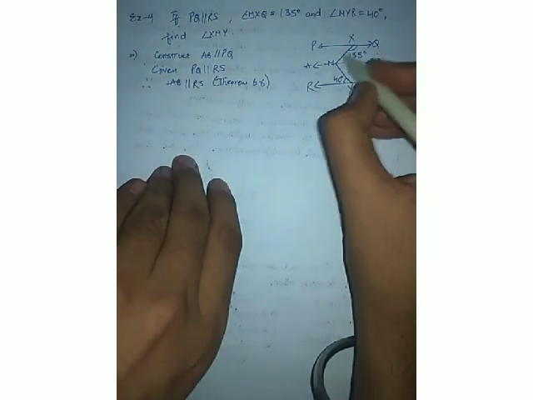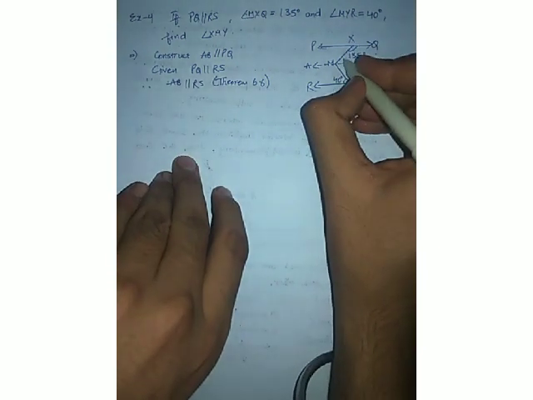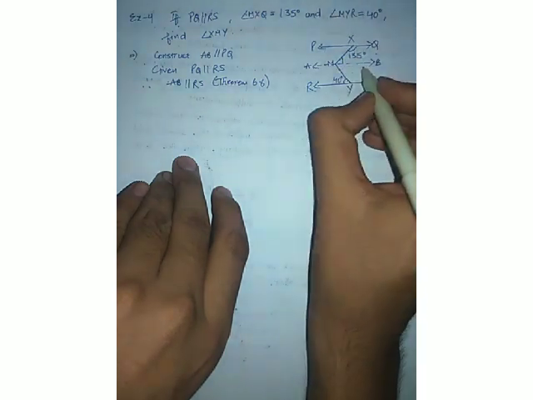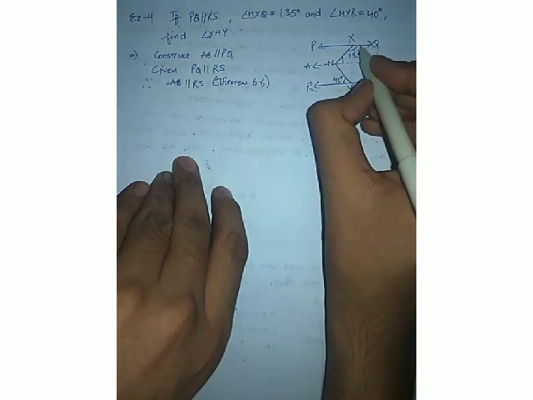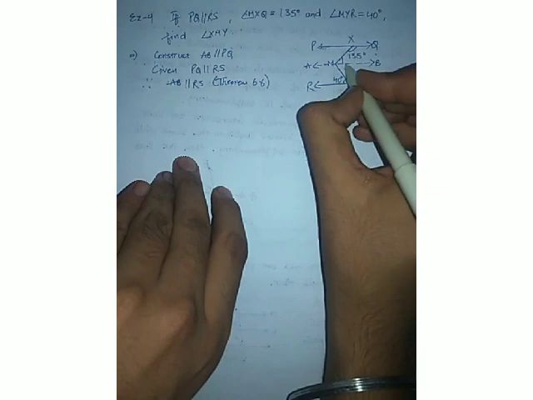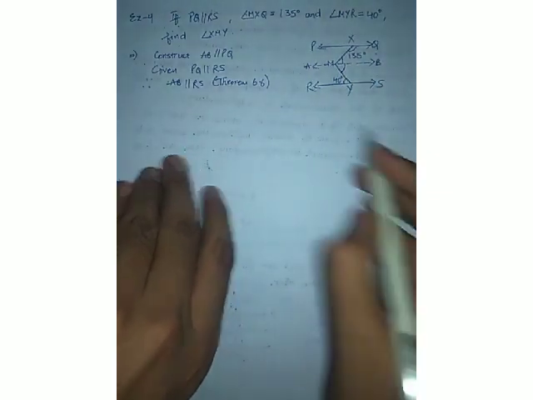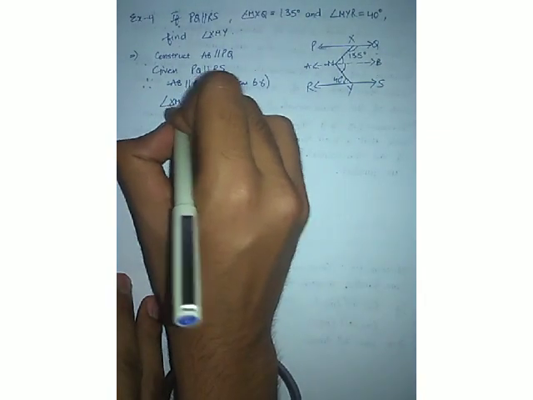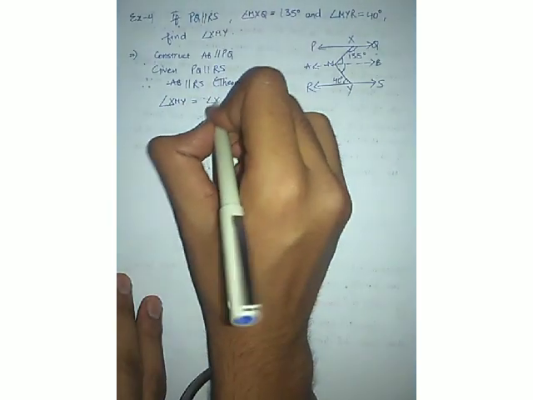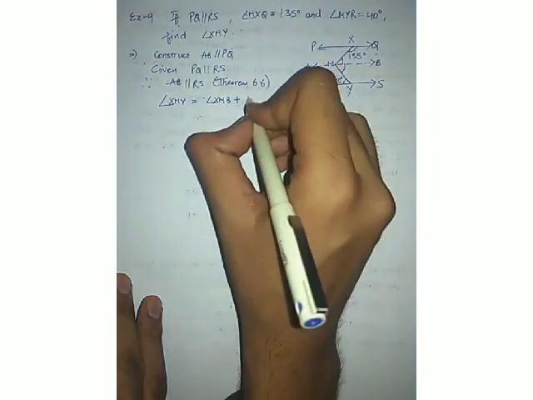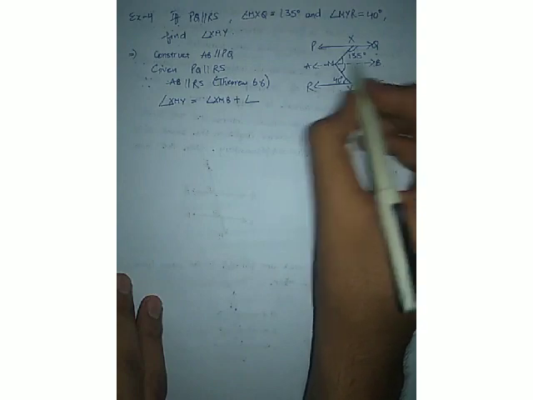Now we have to find angle XMY. Angle XMY will be divided into two parts because we have drawn a line, that is XMB and BMY. So angle XMY will be equal to angle XMB plus angle BMY. Clear? Firstly, let's find the angle which is easy.